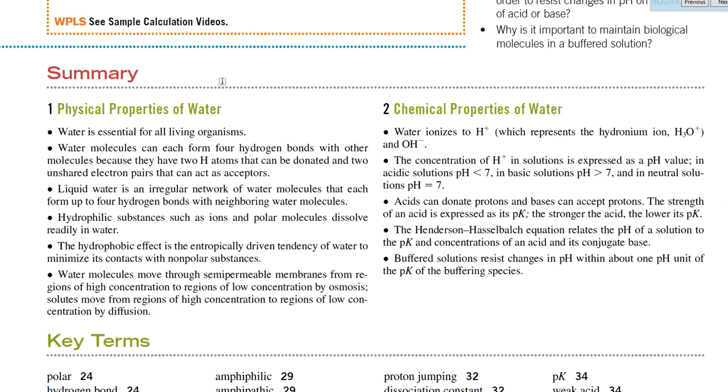Now let's discuss some key points about this chapter. The main thing is that liquid water is an irregular network of water molecules that each form up to 4 hydrogen bonds with neighboring water molecules.